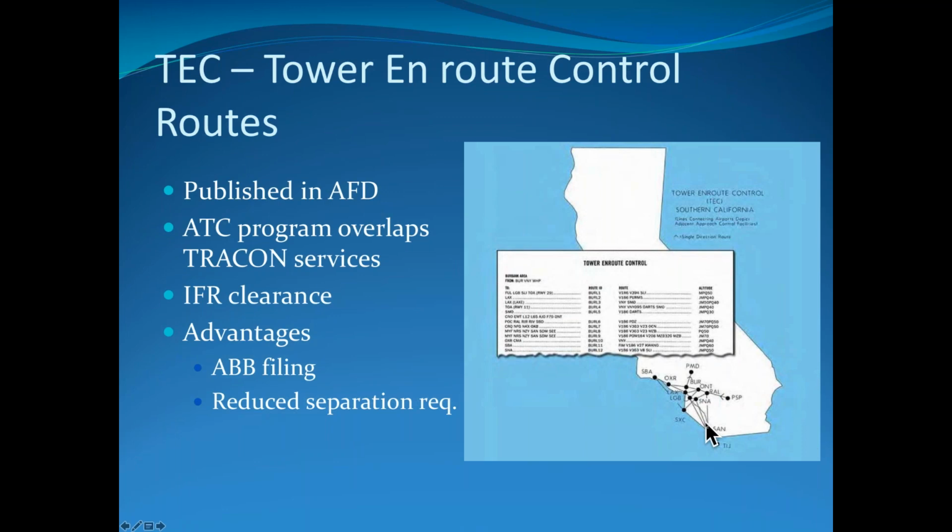Again, these are preferred routes, just like the IFR preferred routes. It's just with these tech routes, they want you to fly this route, just like the IFR preferred route, but then there are altitude restrictions as well that they'll put on these. Like Los Angeles down to San Diego, they don't want us flying higher than 11,000 feet, and other things like that.